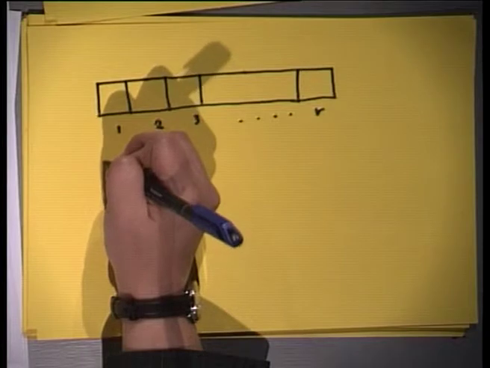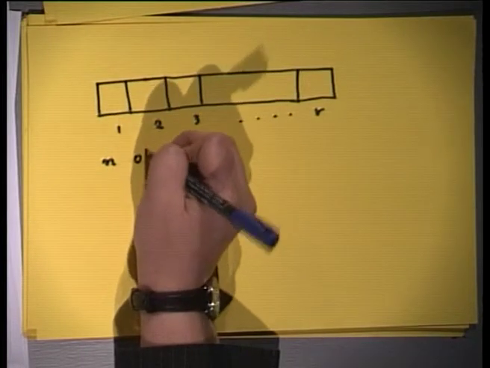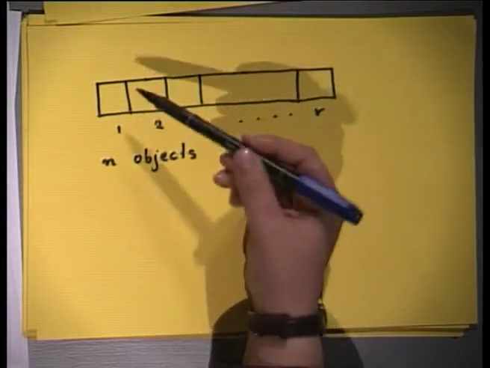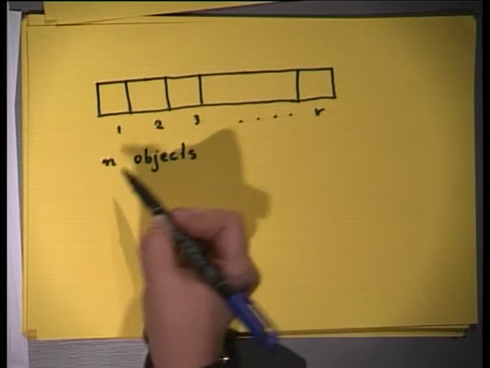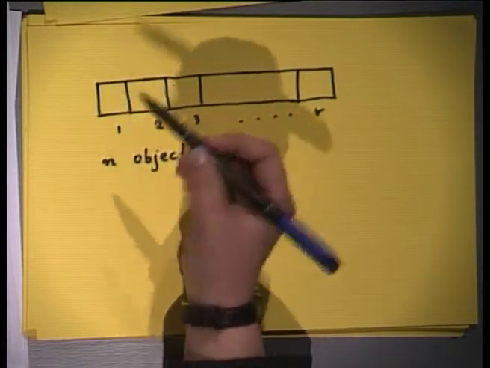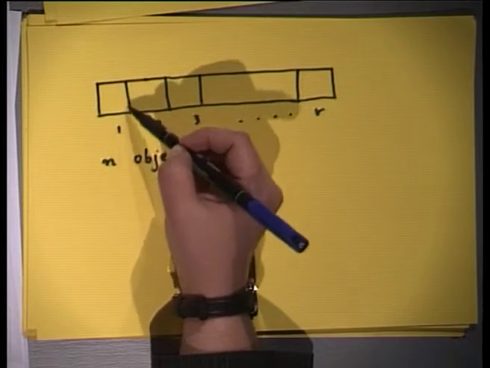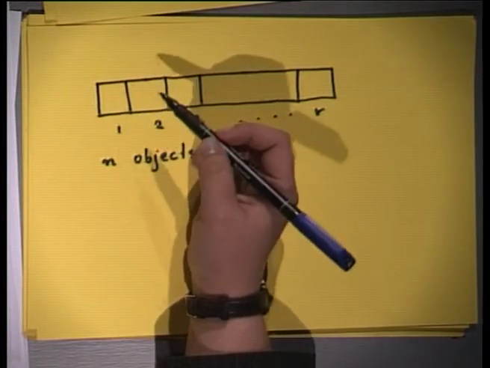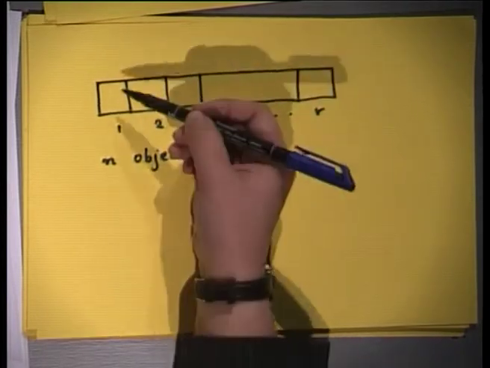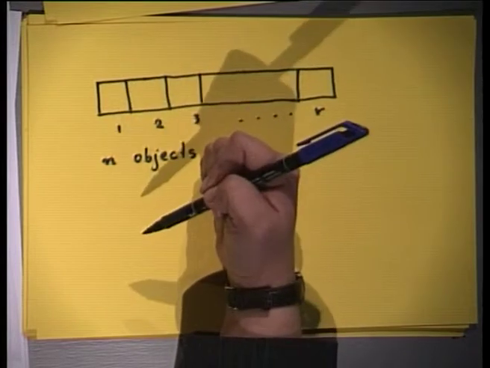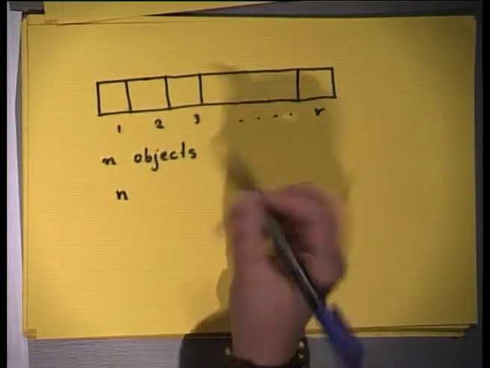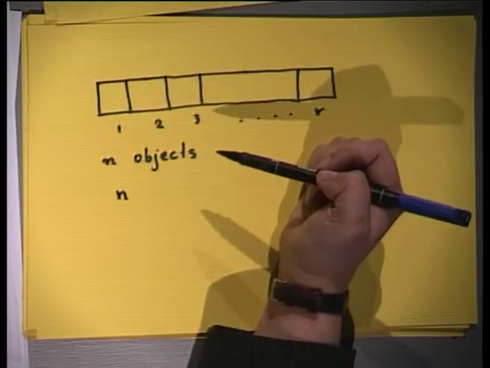And we have n objects and we want to fill in these boxes. So we see that we can put, the first time, n different objects. We can put object 1 in the first box, or object 2, or object 3, and so on. So we can put n different objects here.